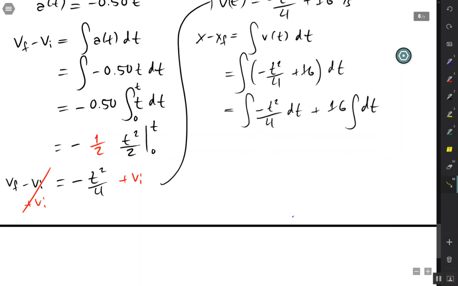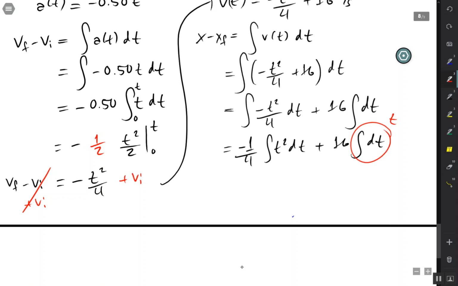Once again, this is actually like -1/4. I'm going to bring that out. t squared dt plus 16 integral dt. Now this would just result in t. This results in t cubed over 3, once again from 0 to t, plus 16t, once again from 0 to t.